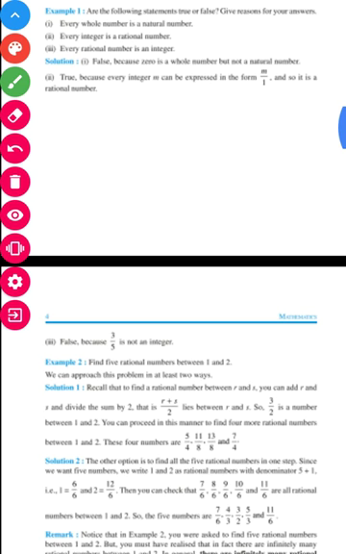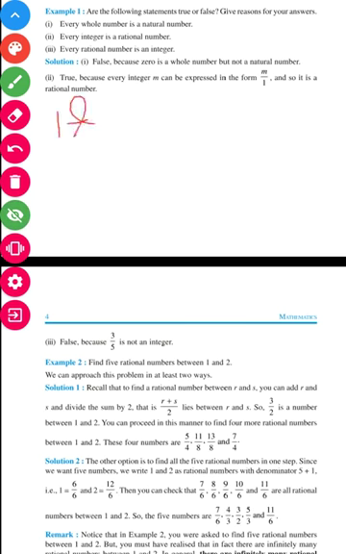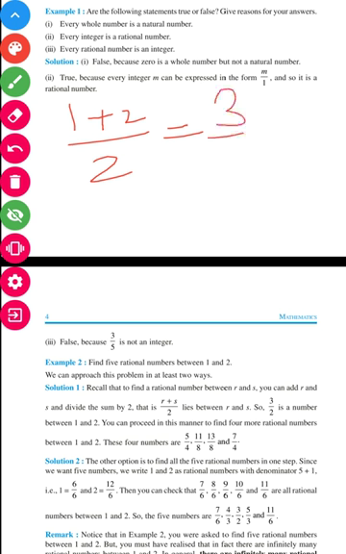Here we will sum 1 and 2. Let 1 equal r and 2 equal s, which will become 1 plus 2 over 2, that is 3 over 2. Here we find our first rational number between 1 and 2, that is 3 over 2.